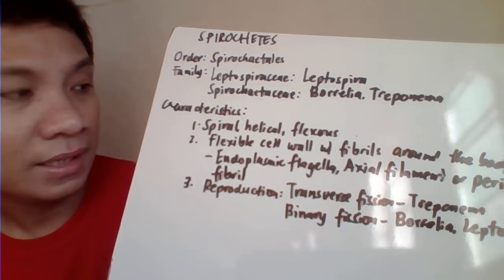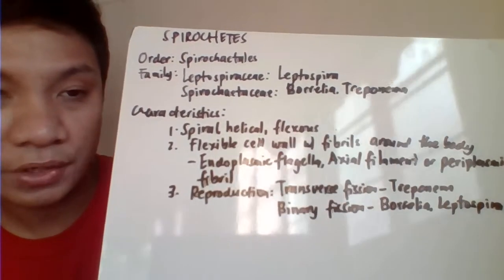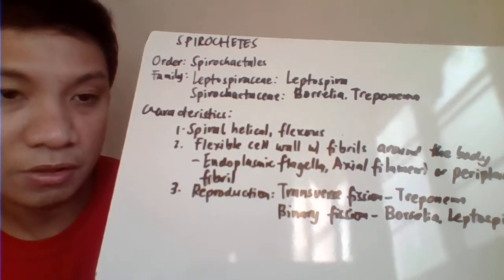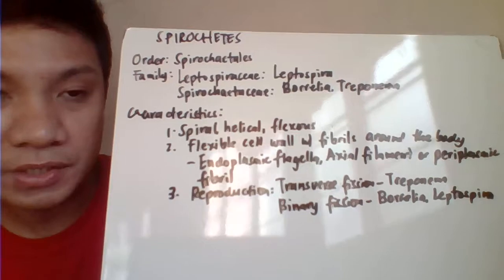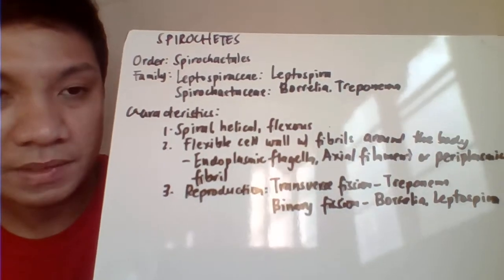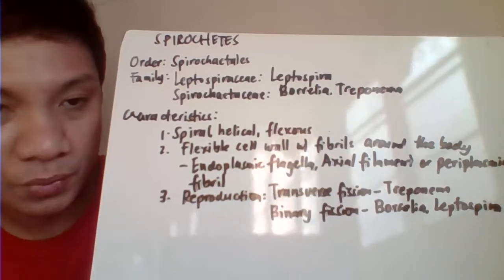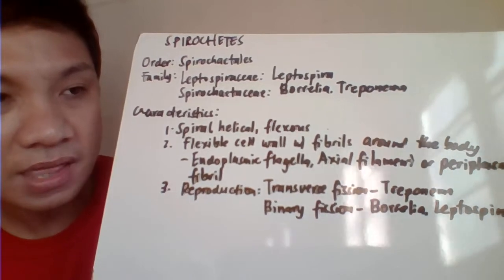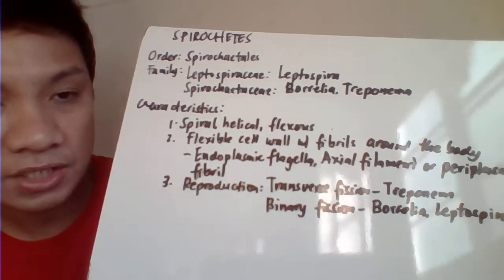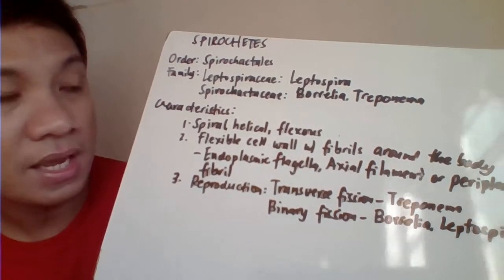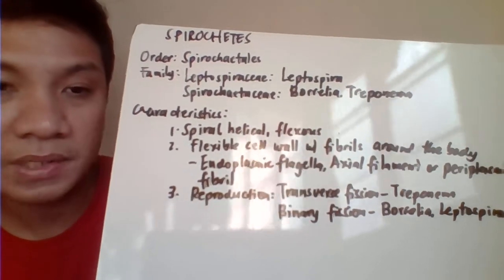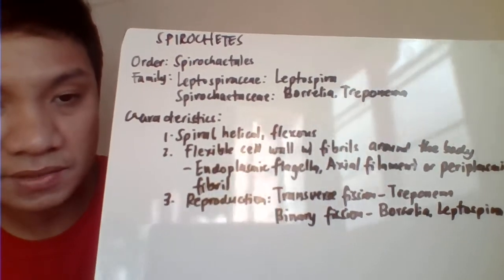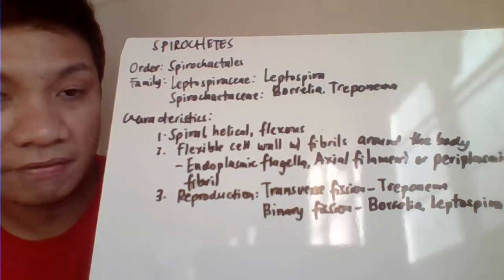Okay, so again, we have here the order Spirochetes divided into two families. We have your Leptospiraceae, that includes the genus Leptospira, which causes our leptospirosis. And we have also the family Spirochaetaceae, that includes the genus Treponema, which is a sexually transmitted disease, causing our syphilis.